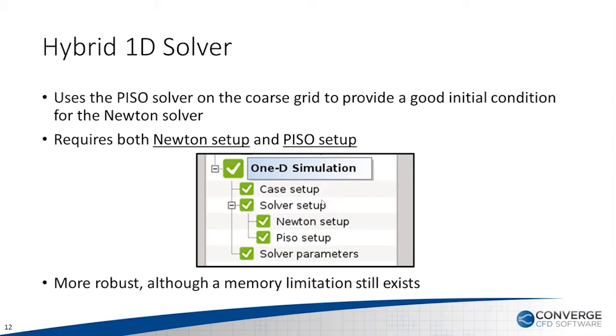Also, it may solve the robustness issue of the Newton solver. To set up this hybrid solver is easy. Inside of CONVERGE Studio, you just need to run the Newton setup and the PISO setup together. It will automatically run the PISO first, then use the PISO results as the initial condition for the Newton solver.